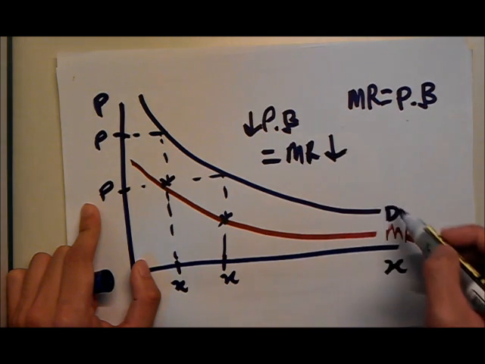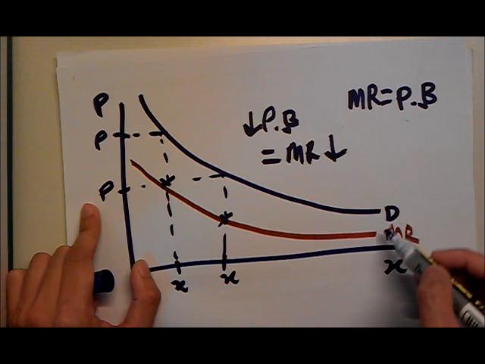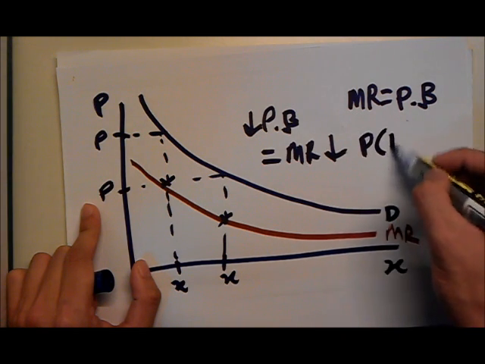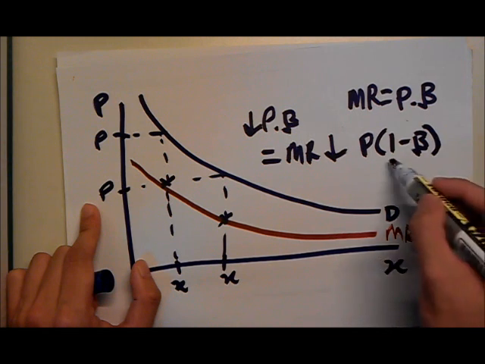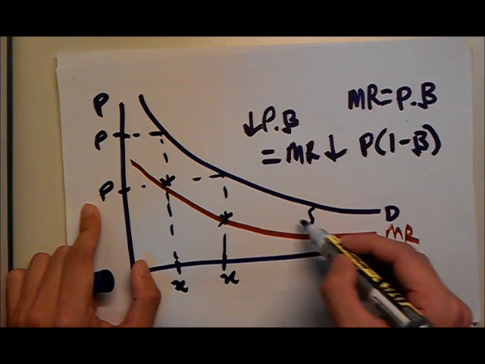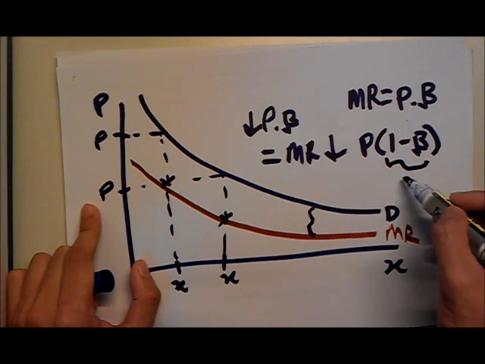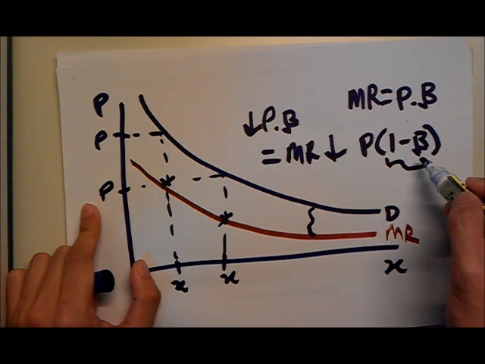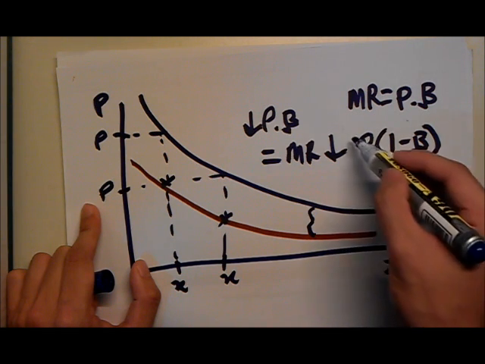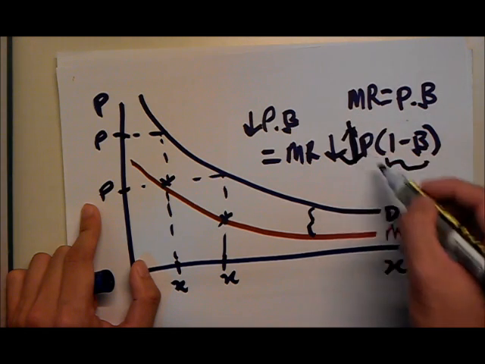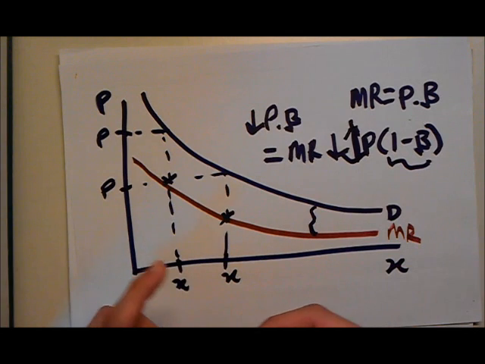And to see the distance between D and MR, you just basically take P multiplied by 1 minus B. 1 minus B is the gap between demand curve and MR. Sorry, this will be constant. And as this is constant, when price becomes smaller, the gap will become smaller, but it will never touch each other.